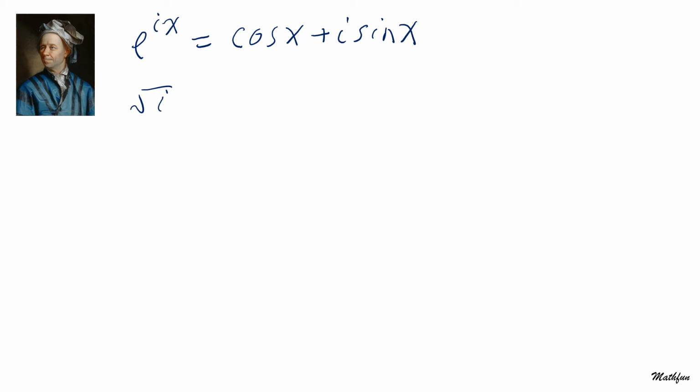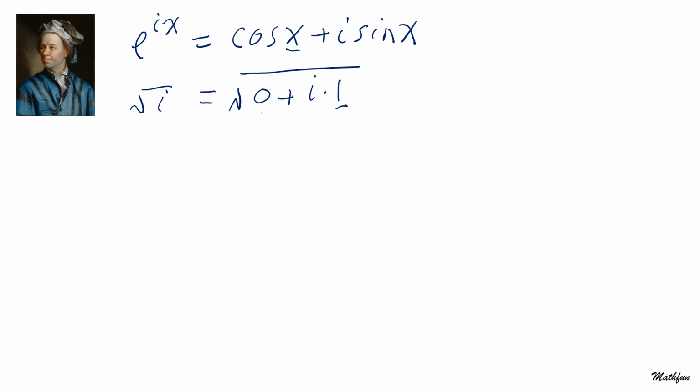So in other words, we're going to figure out the square root of 0 plus i times 1. So it makes it easy. It tells you that for x, the cosine of x is 0 and the sine of x is 1.